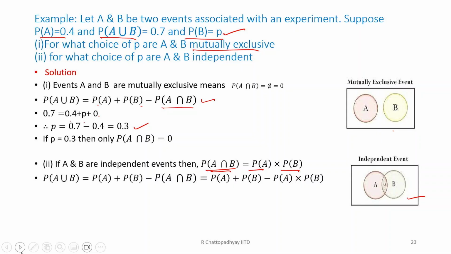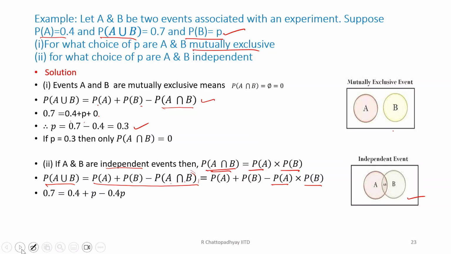So using the same P(A union B) formula, this is what we know: P(A) + P(B) - P(A intersection B). What is going to be the value of P(A intersection B)? If it is given independent, it is going to be P(A) into P(B).